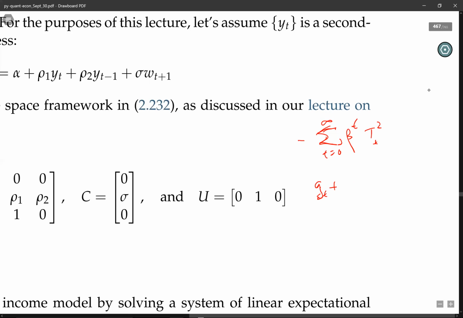Plus, the government's going to have to pay, and this is new notation, not related to what's previous in the lecture, what the government now has to pay: B_{t-1,t}.